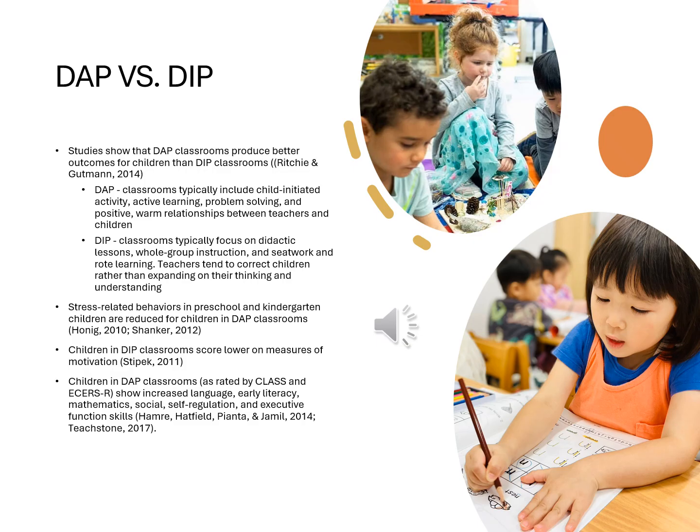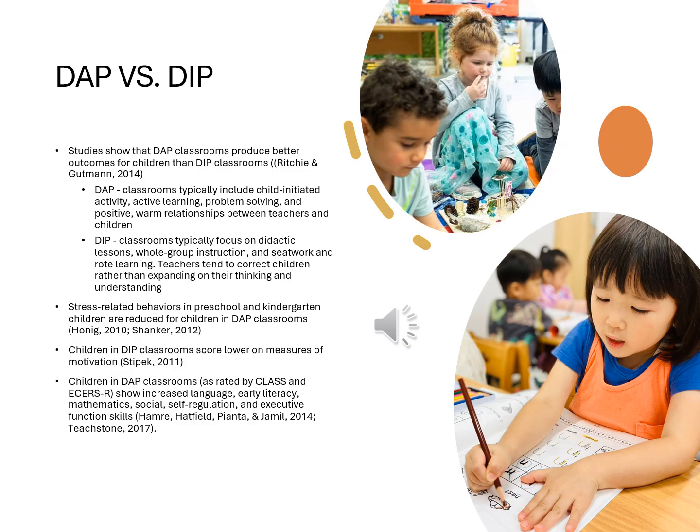So we know that when kids go to classrooms in preschool and kindergarten that are using what's considered to be inappropriate practices, they have higher stress. And when children are in those kinds of classrooms where they're doing things that are more inappropriate, they also have less motivation.